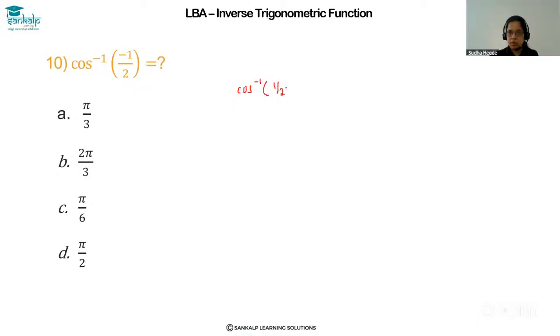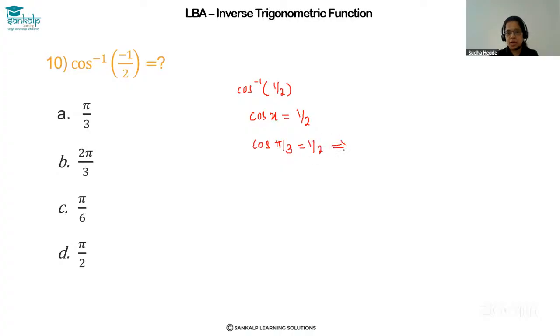For what value of cos x you are going to get the answer as 1 by 2. Cos x is equal to what? X is equal to what? So cos 60 is 1 by 2, right? That is cos of pi by 3 is equal to 1 by 2.